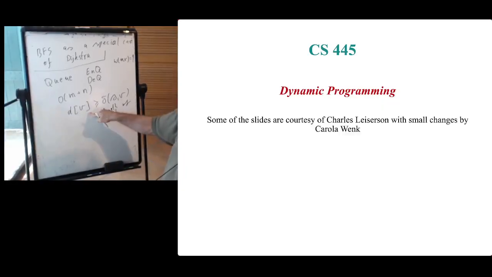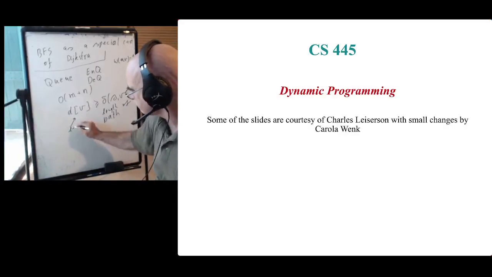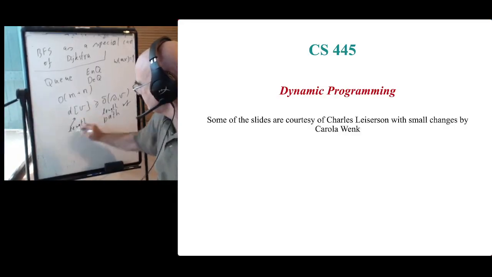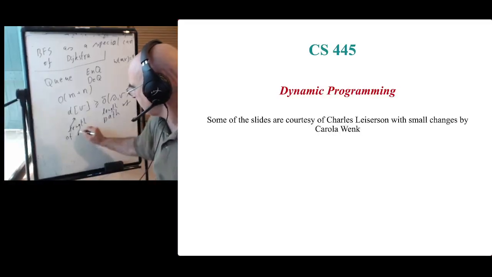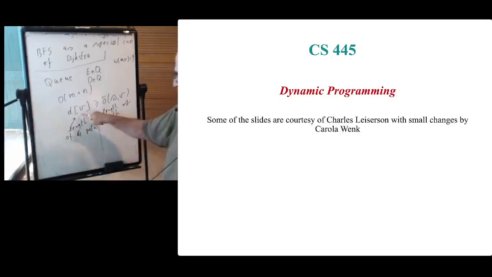And d of V, quite easy to convince yourself, is the length of a path, not necessarily the shortest one, so it's quite obvious that the shortest path from S to V is smaller than that length.